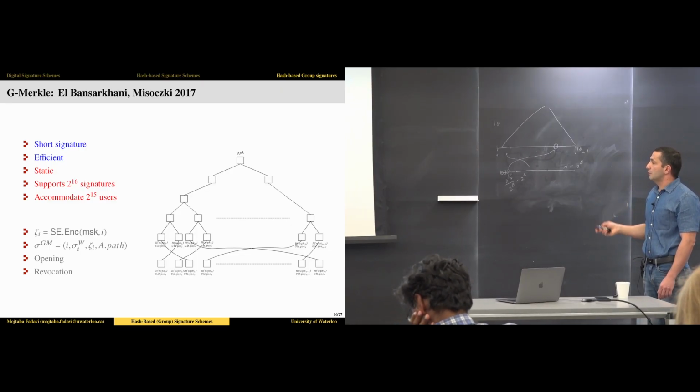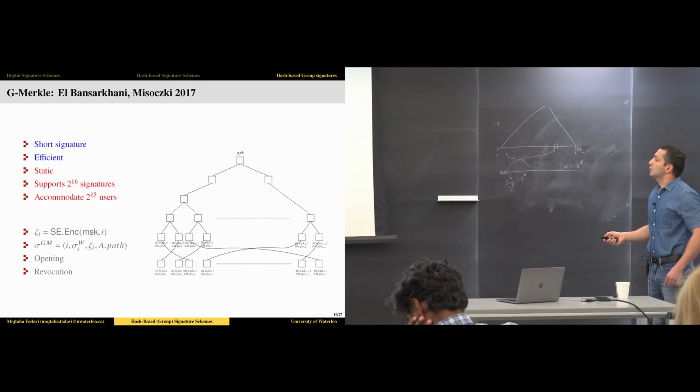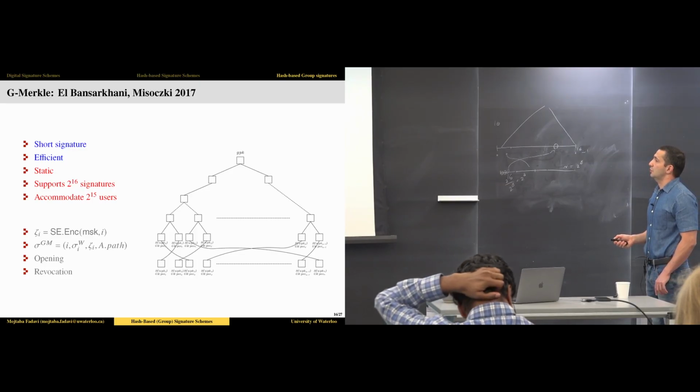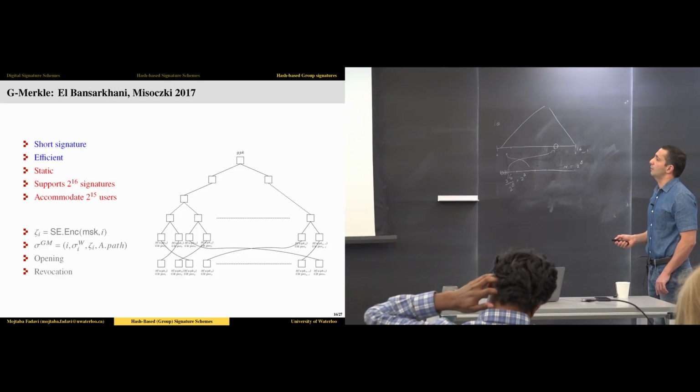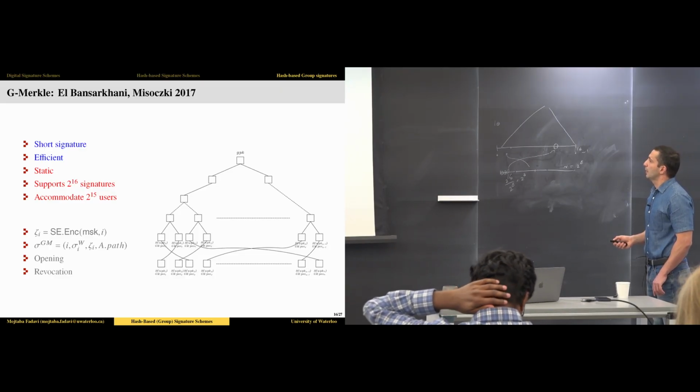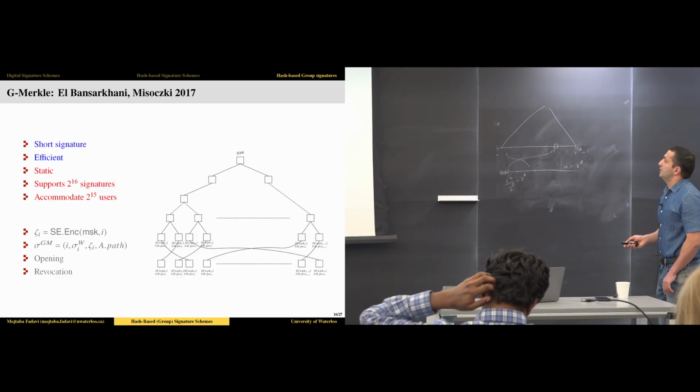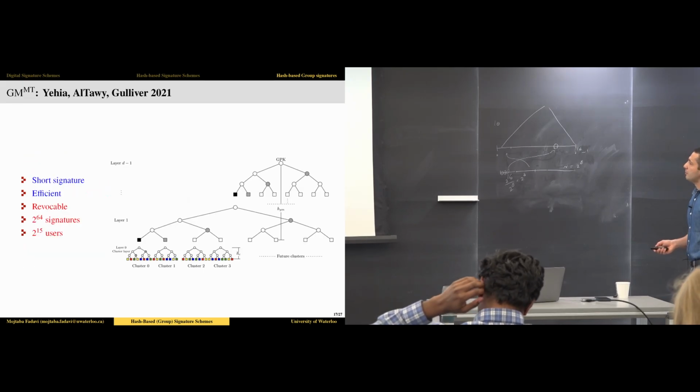For revocation, they use a revocation list. All the algorithms are efficient, but its problem is that it is static. It supports 2 to the power 16 signatures and at most 2 to the power 15 users. But it's efficient. It's a start of this area.